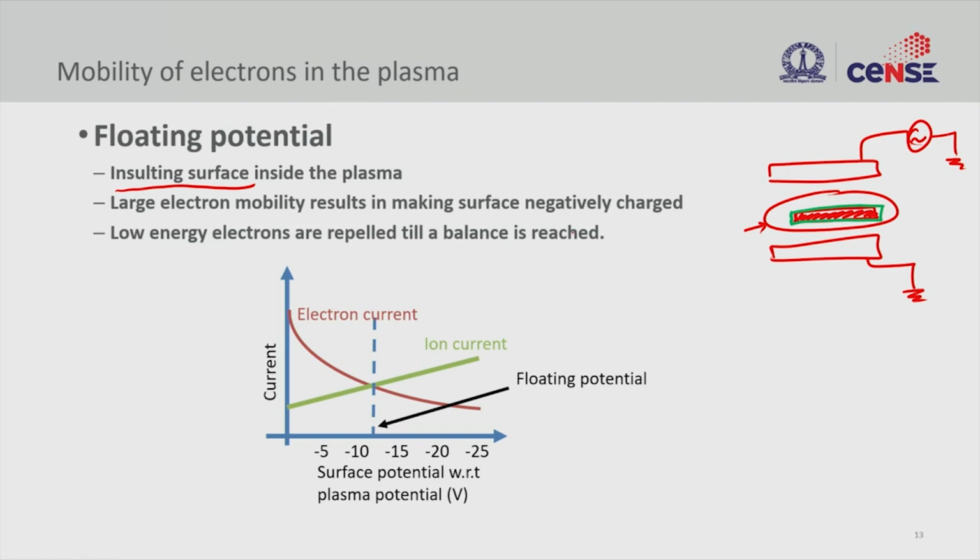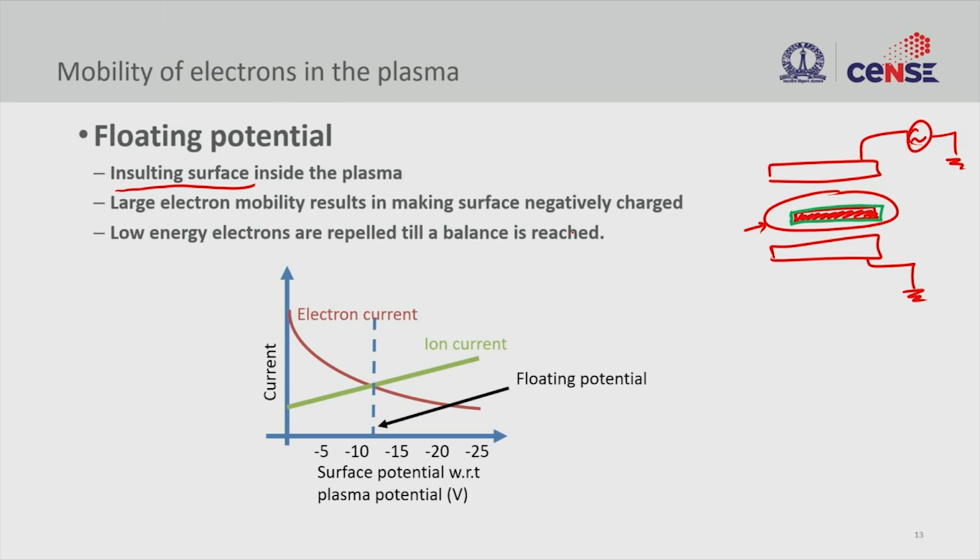So what will happen when I insert? The first thing that will happen is a large number of electrons are going to come and hit the surface, and you will create a negatively charged layer, because it is not grounded.